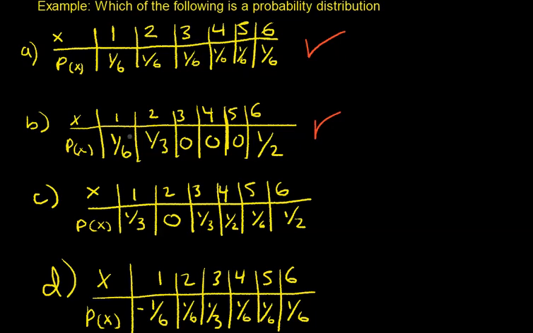This might be a weighted die. The die appears to not even have the sides 3, 4, and 5 because those probabilities are 0. So the die appears to only have the sides 1, 2, and 6.